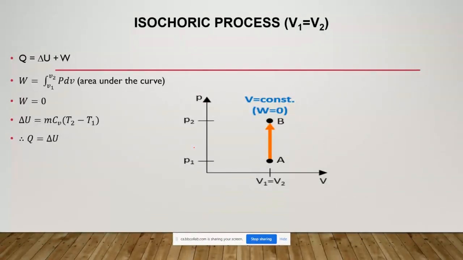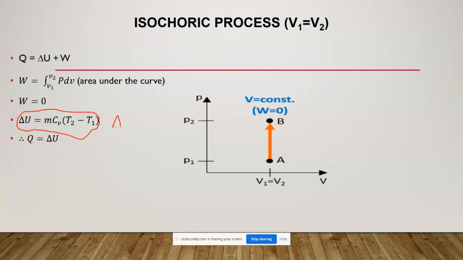Now, for all the processes except isothermal, the formula for delta U is the same. So for all the 4 processes except isothermal, delta U is equal to m Cv (T2 minus T1). But for an isothermal process, delta U is equal to 0.